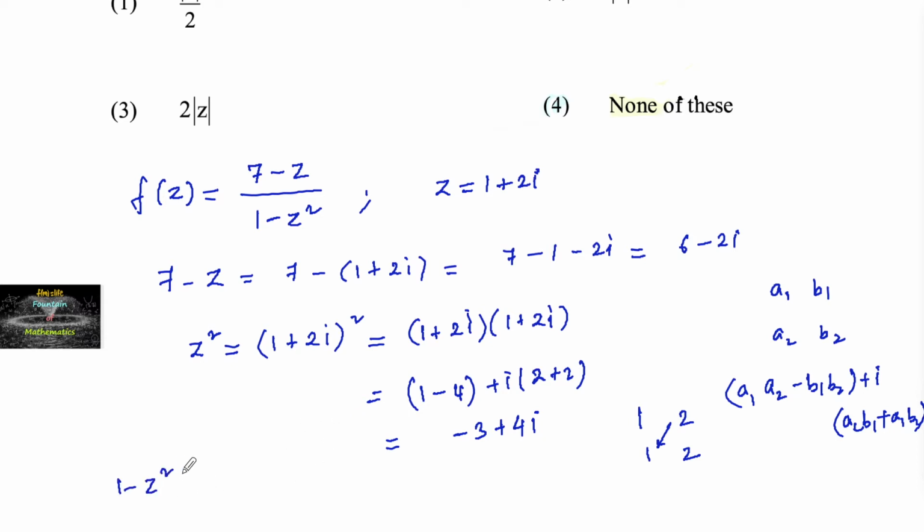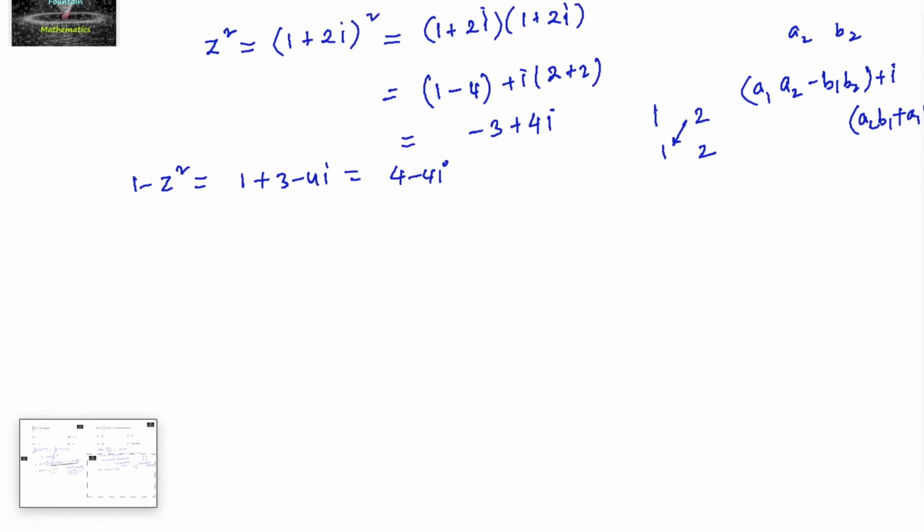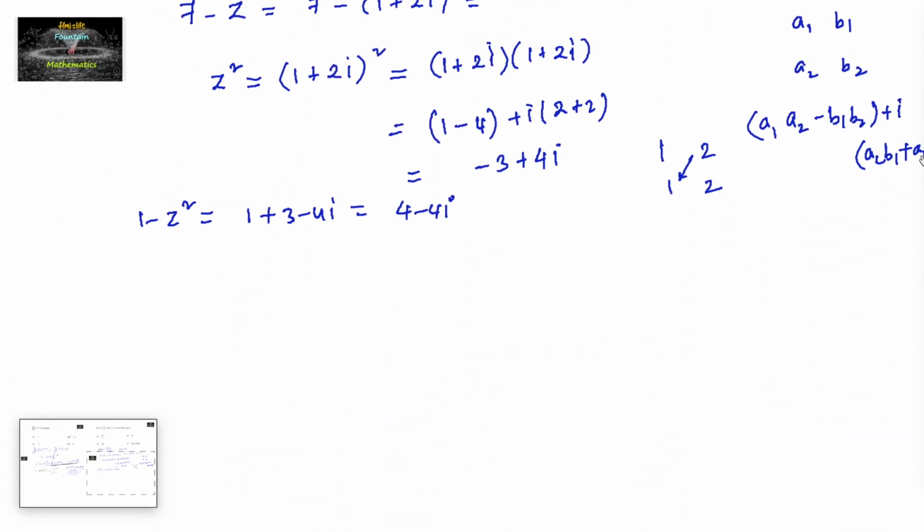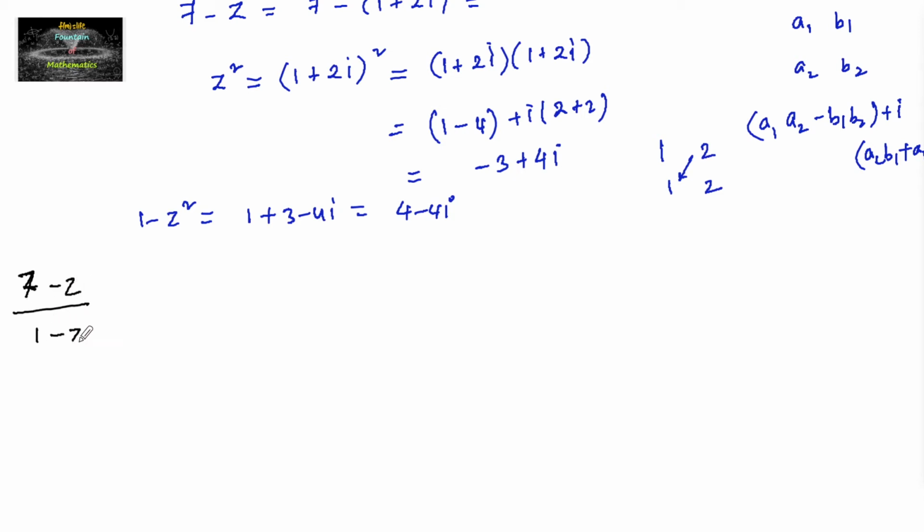Then what is 1 minus z square? We can write 1 plus 3 minus 4i, that is 4 minus 4i. And now we require 7 minus z upon 1 minus z square, which equals 7 minus z is 6 minus 2i upon 1 minus z square is 4 minus 4i.